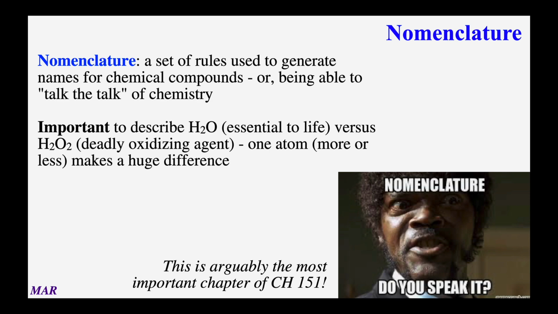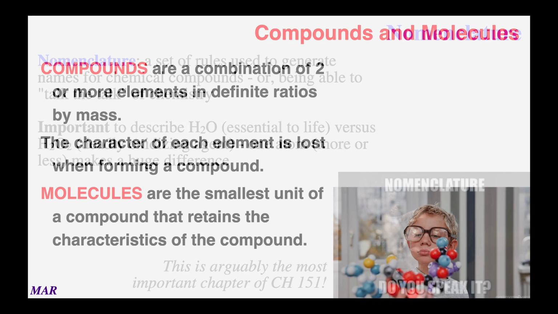An additional atom or one less atom can make a big difference in reactivity, so you have to be very careful. Arguably, this is the most important chapter of Chemistry 151, because if you don't know how to ask for the right chemicals or tell others which chemicals you have, that might be a bad thing.